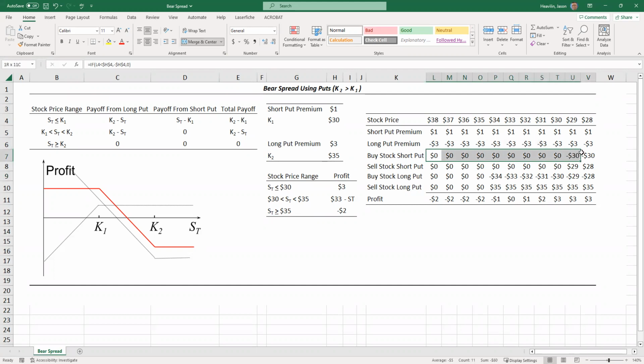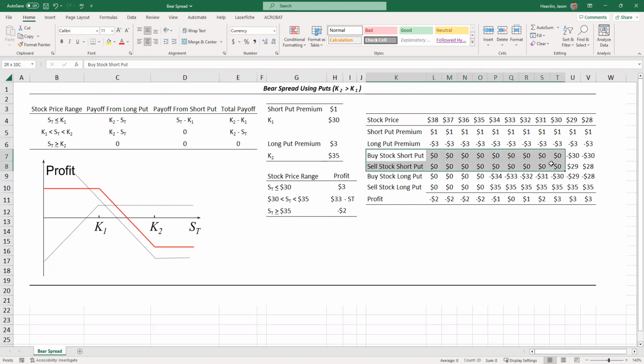To talk about this table a little bit, this is operating the same way as in the other video that you should have watched already with a covered call. But so you understand, on the short put, the strike price was 30. So nothing happens here dealing with a short put.